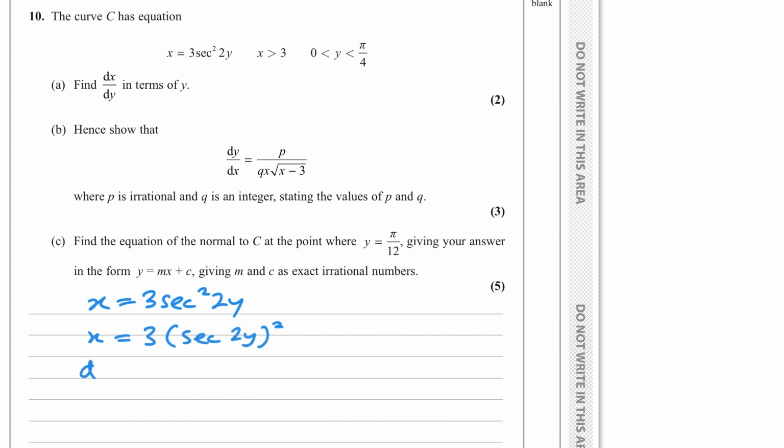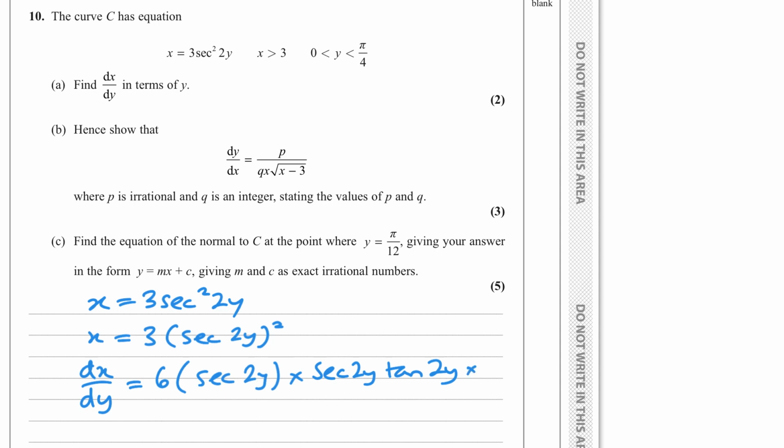So differentiating, I get dx by dy multiplied by my 2, so 6 sec 2y to the power 1, and then I need to multiply by the inside of the brackets differentiated, so sec differentiates to sec tan.